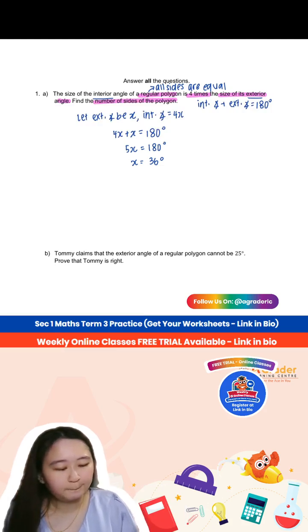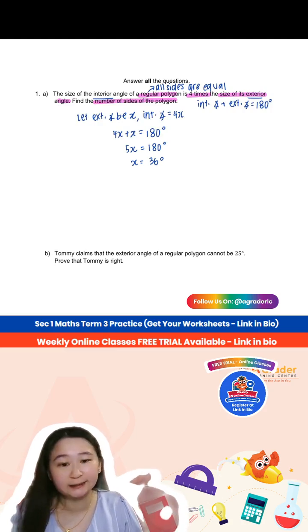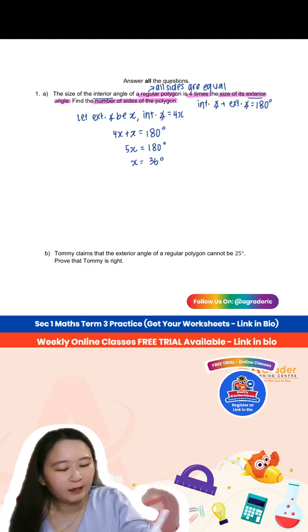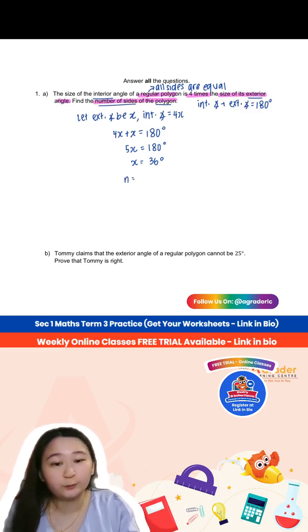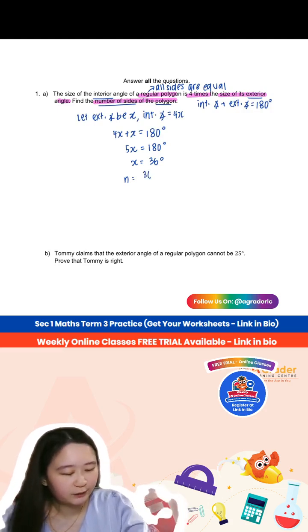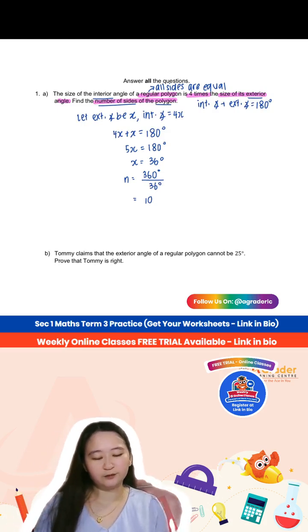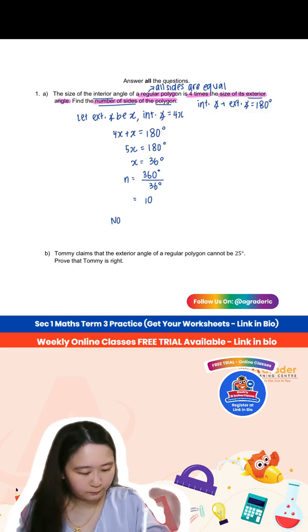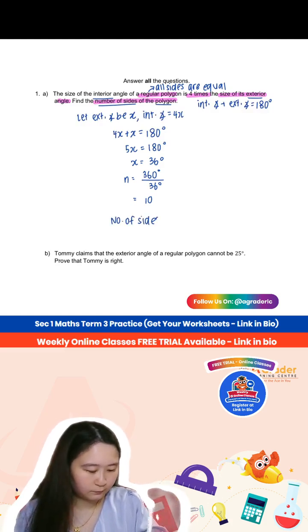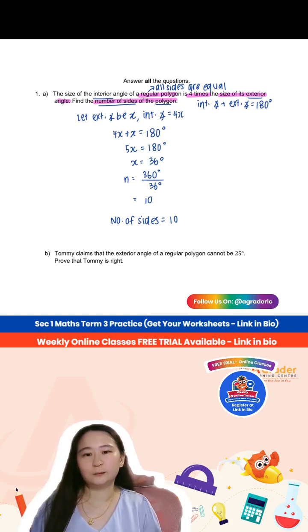And we know that the sum of exterior angles is always 360 degrees. So to find the number of sides of this polygon, n will represent the number of sides, we take 360 degrees divided by each exterior angle. So the number of sides of the polygon is 10 sides.